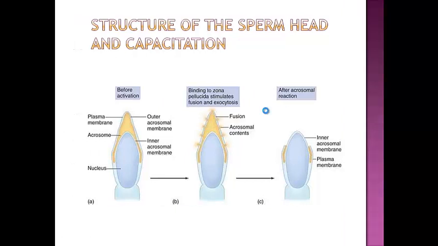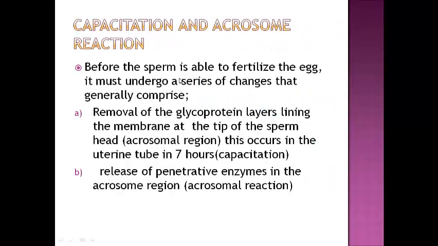Now, this process is called capacitation. Before the sperm is able to fertilize the egg, it needs to undergo a series of changes that involve removal of the glycoprotein layer lining the membrane at the tip of the sperm head. This is called the acrosomal region.